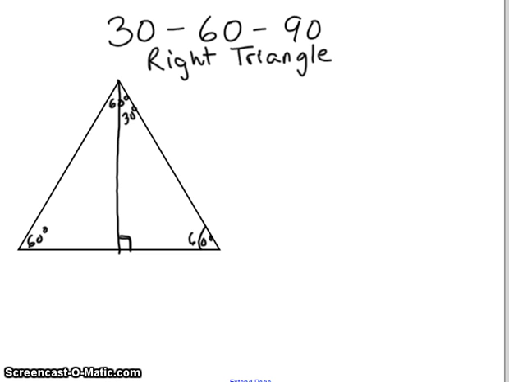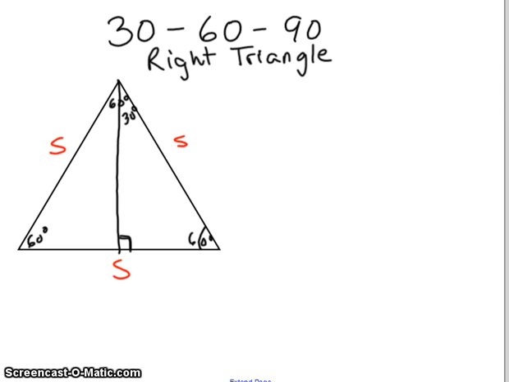Now, for an equilateral triangle, we know that all the side lengths are the same. This time, instead of using x to represent each side, we're going to use s. So we have one side, two sides, three sides, they're all the same.